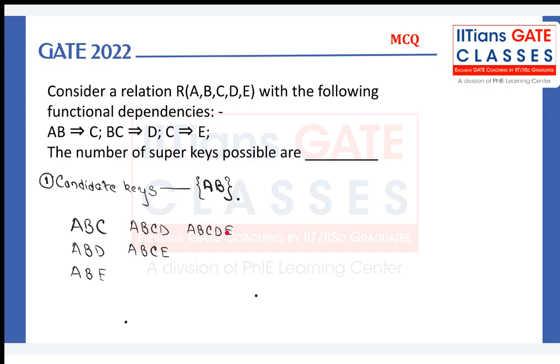Okay. Can I say A, B is a super key? Because every candidate key also is a super key. Can I also say that A, B, D, E is a super key?